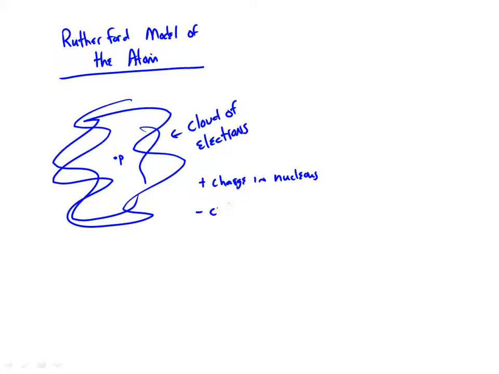We have the negative charge in a very large cloud. So what happens next is that there's an actual experiment made to test parts of the way the Rutherford model works.